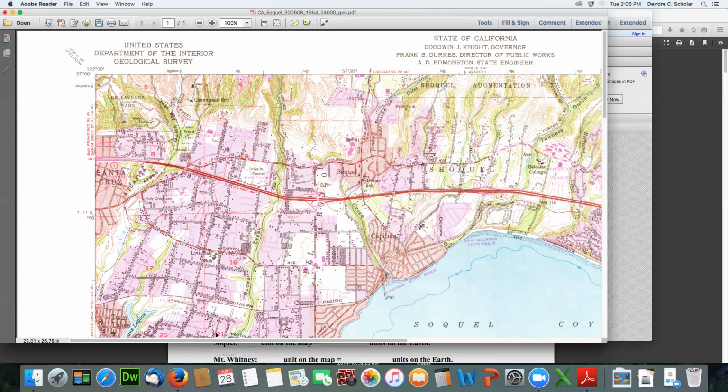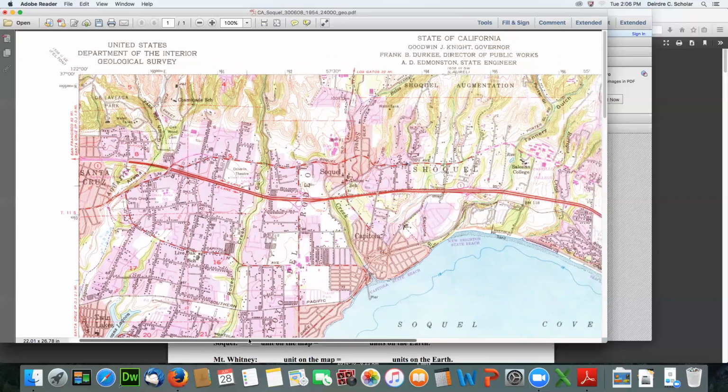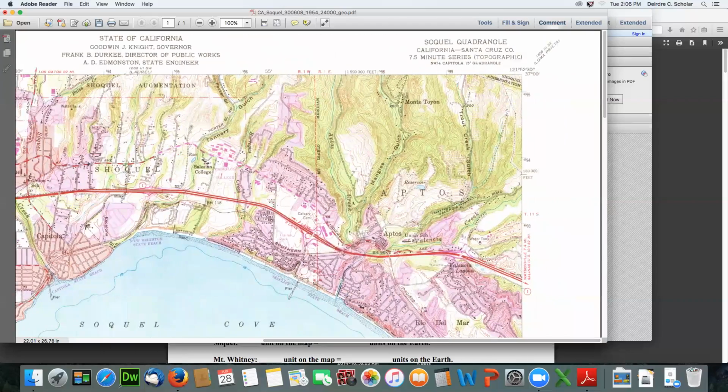If we think about east and west, let's look at the northeast corner of the map and let's focus on longitude. So the longitude of the northeast corner of the map is 121 degrees, 52 minutes, and 30 seconds.